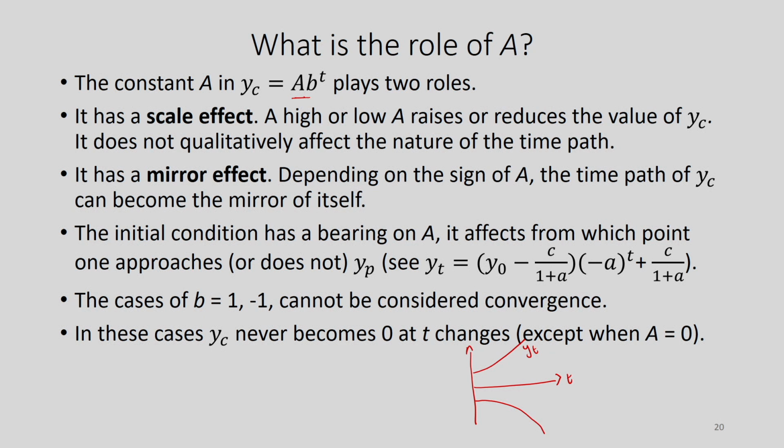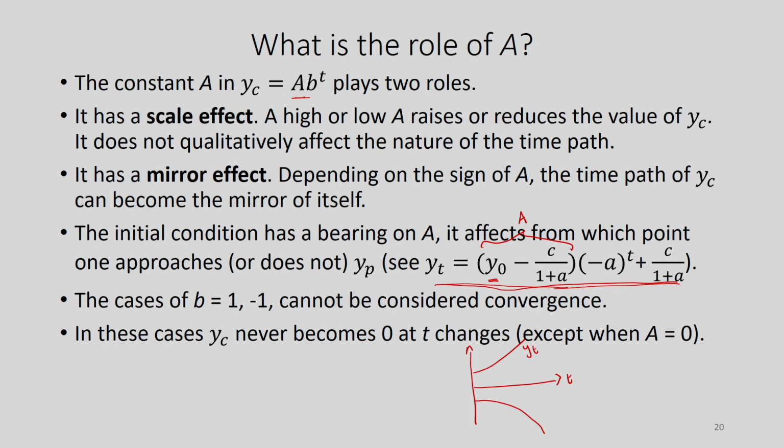The initial condition has a bearing on a. It affects from which point one approaches yp, or whether one approaches yp at all, and this can be verified from the general solution here. This was the general form of the solution. Y0 was the initial condition, that is the value of y at period 0. Now, remember, this is my capital A. Capital A has this term y0 in it.